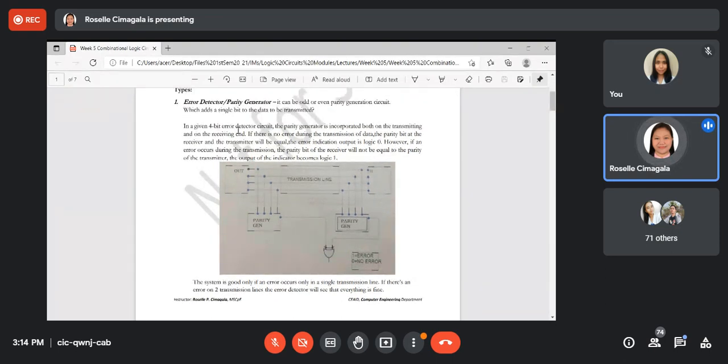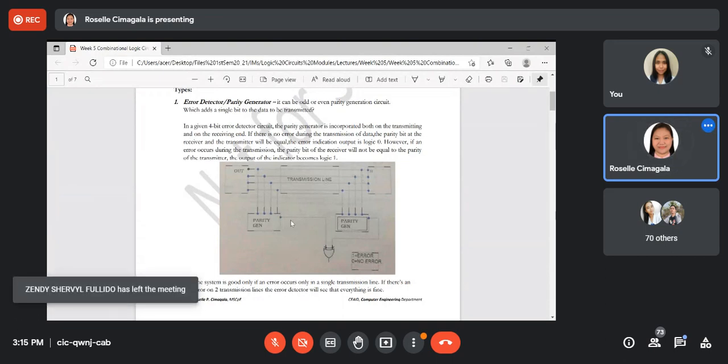So we have here a given 4-bit error detector circuit, where the parity generator is incorporated on both the transmitting and receiving end. If there is no error during transmission of data, let's say the transmitted bit is 0 and the received bit is 0, it means no error.